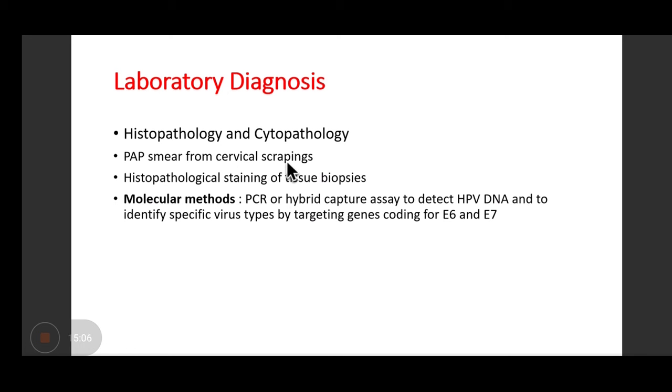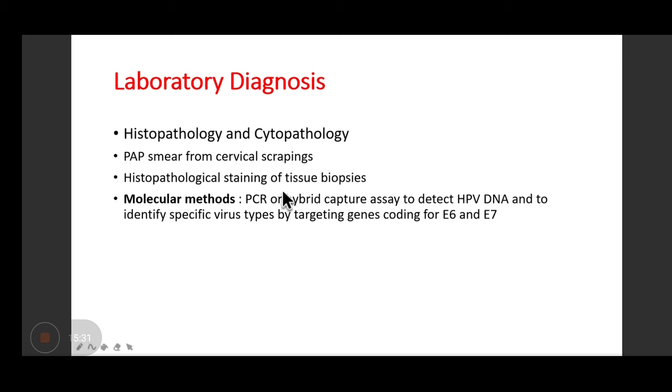We take the smear. There is a proper way of taking the smear. We take the sample from the cervical region, and then we prepare the smear and look for the precancerous or cancerous cells in the smear.